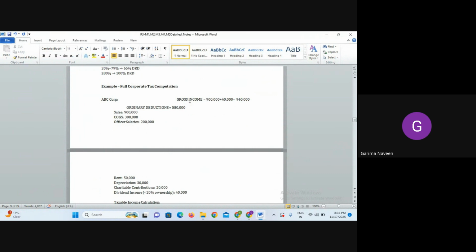If you subtract this ordinary deduction from your gross income, you will get your ATI, adjusted taxable income, of $360,000.